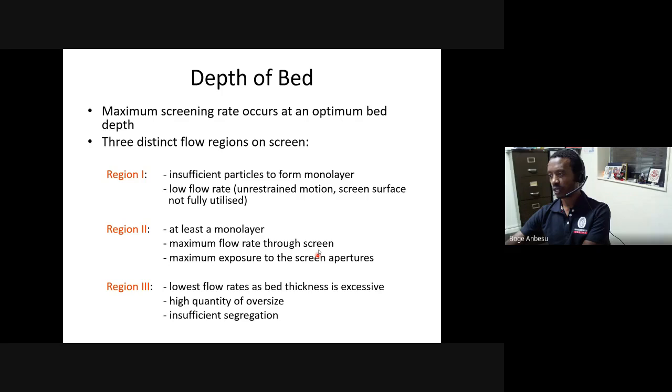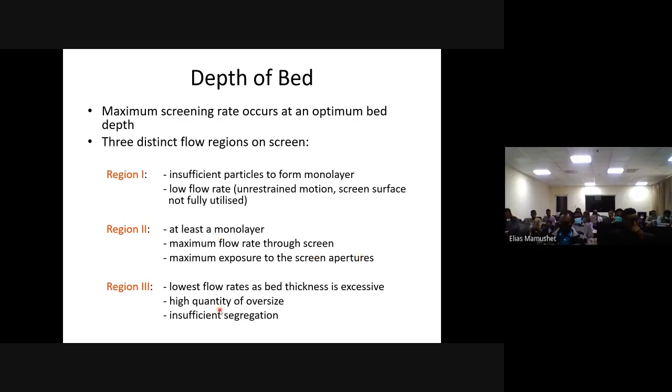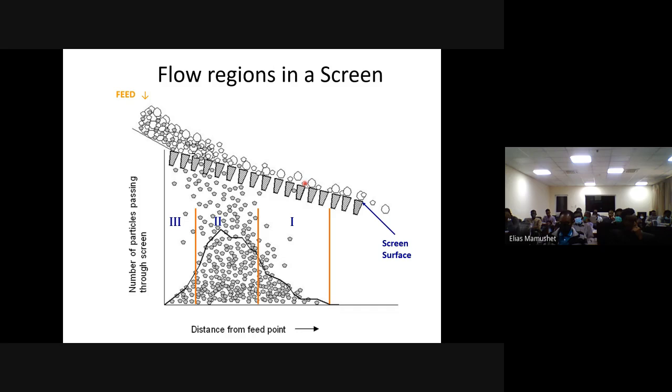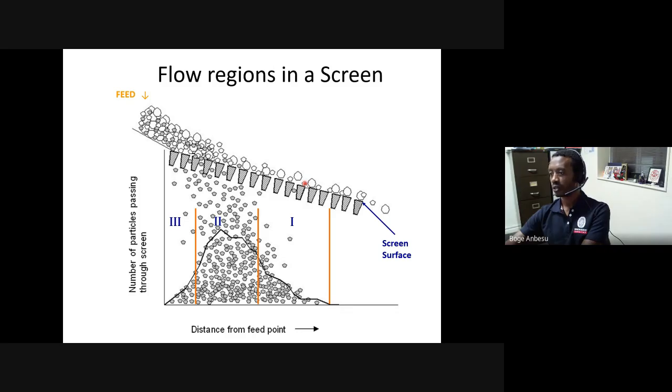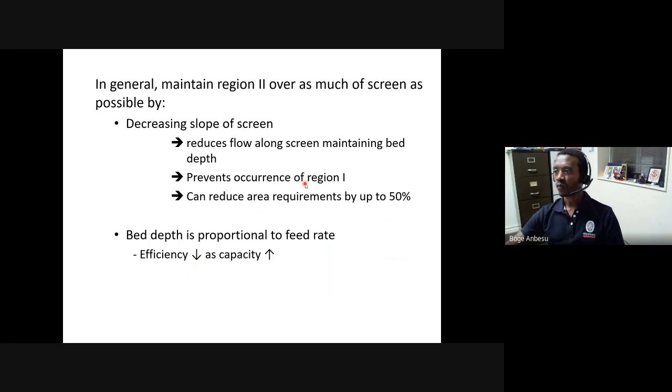Region 2 is where screening actually happens, and region 1 is the insufficient segregation region. You can read that one on your own time. As I said, if I want to maximize my screening operation, I would like to maximize region 2.